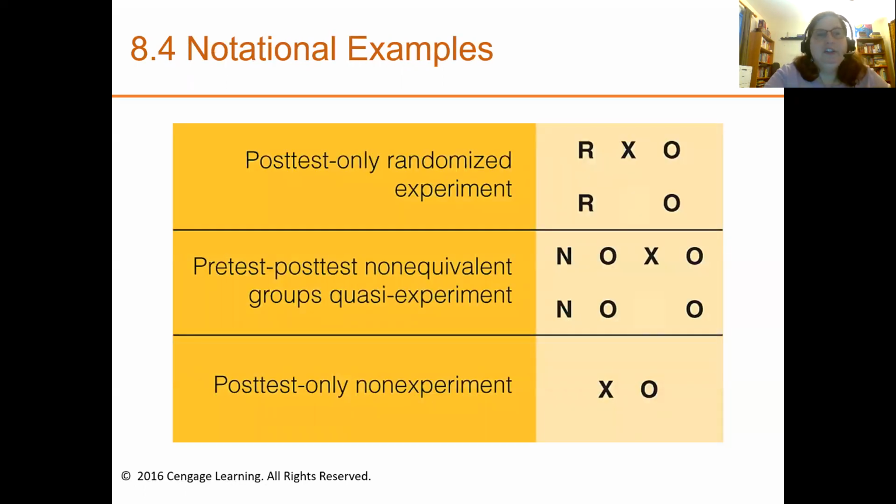Let's talk about some notational examples. Post-test only randomized experiment. We randomize, give one group the treatment, and observe. Notice there's no pretest here. That's why it's called post-test only randomized experiment.